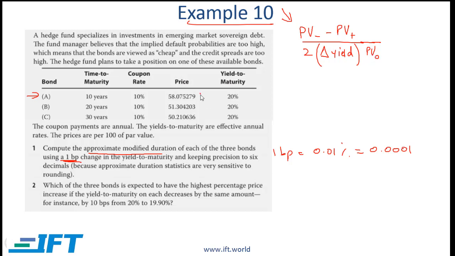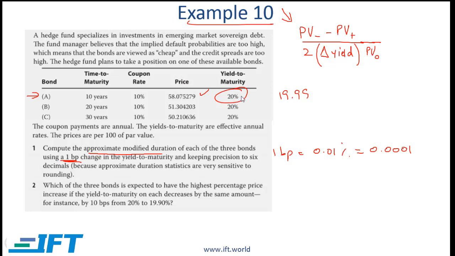PV naught will be this number. PV minus would be the bond price if the interest rate goes down by 1 basis point. So when you do discounting, you would have to use a rate of 19.99%, 1 basis point less than 20%.